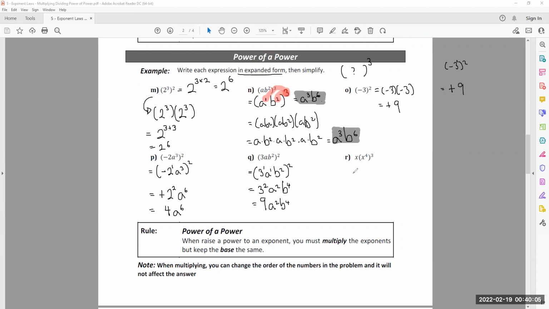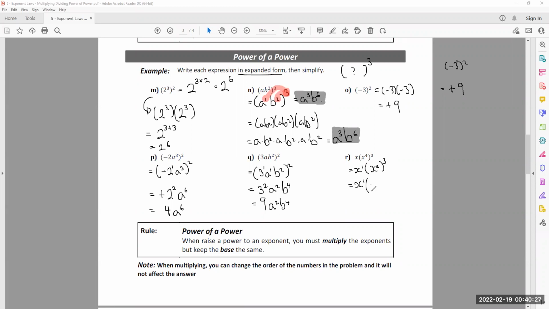Lastly, see if you can work through this one. We have x to the power of 1, and that is multiplied to x to the power of 4 to the power of 3. Okay, let's do it. X to the power of 1 is going to sit tight while we get around an exponent of an exponent.